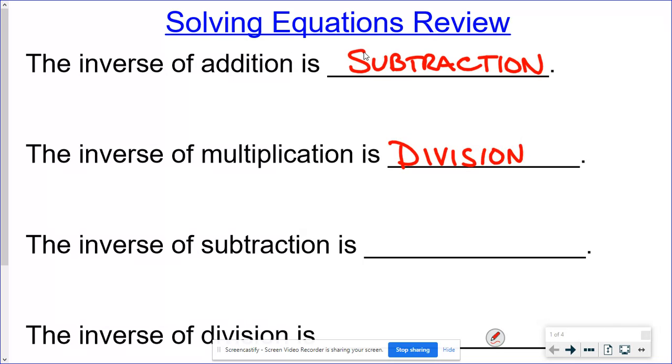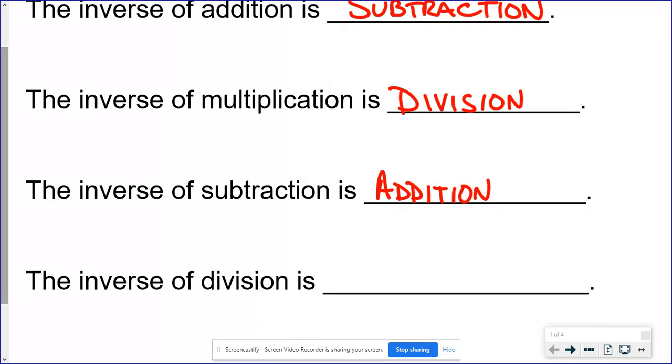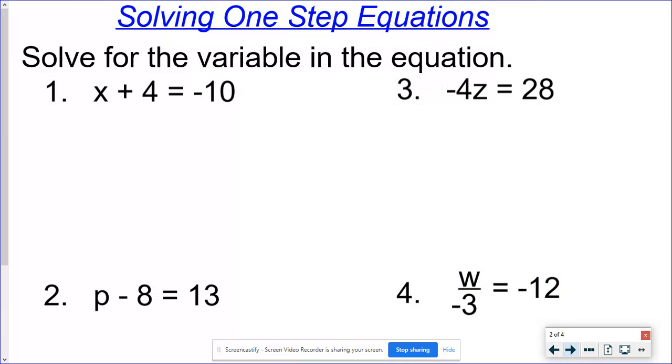If we wanted to get rid of subtraction, we would use the inverse, which is addition. And for the last one, if we wanted to get rid of division, we would use multiplication. Remember, we're always just going to use the inverse or the opposite operation.